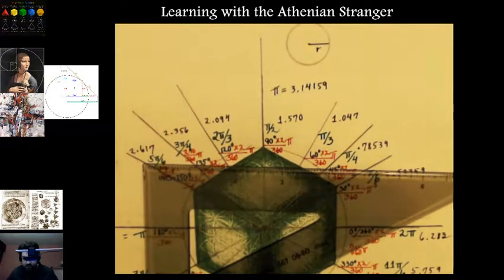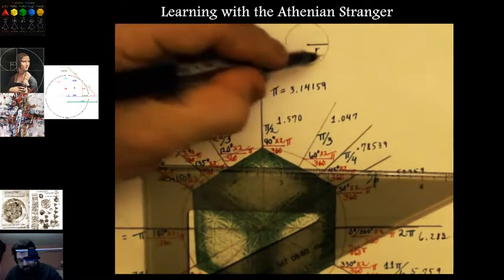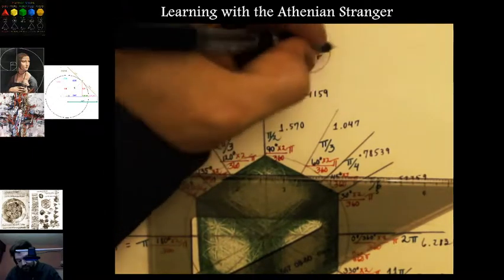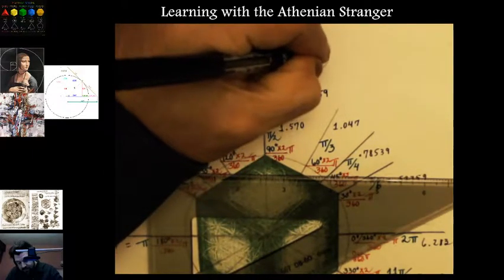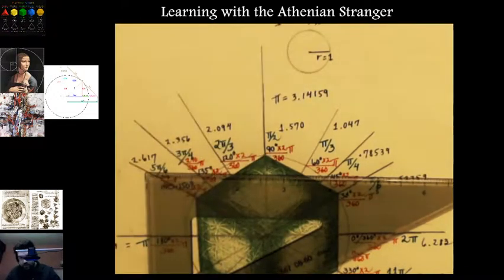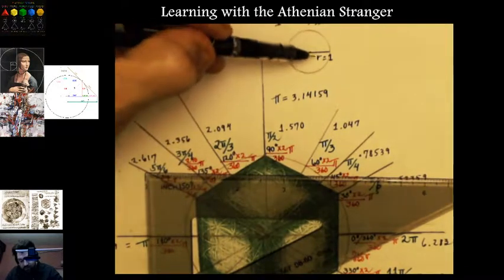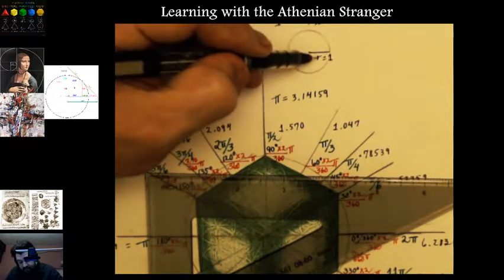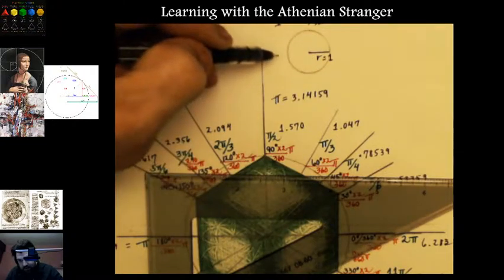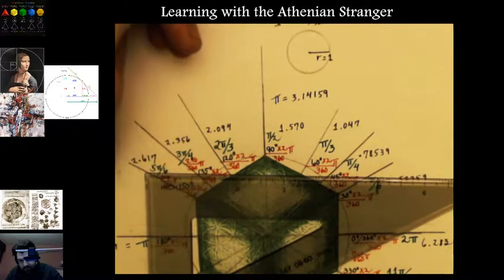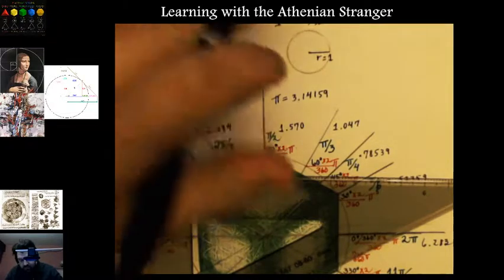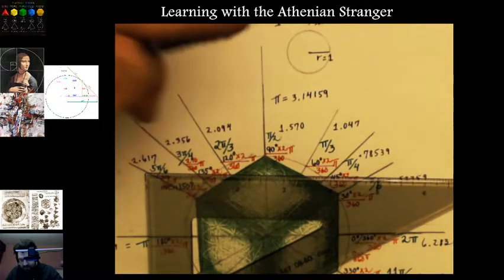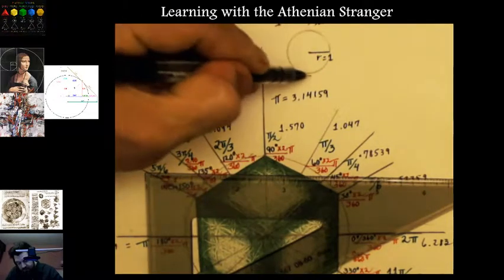That's the radius of the circle. In the unit circle the radius is 1, and my goal is to find the total circumference of this circle. So I would take 2 times the radius, that would give me the diameter, times pi. Because pi times the diameter gives me the circumference, again, the perimeter of the circle.